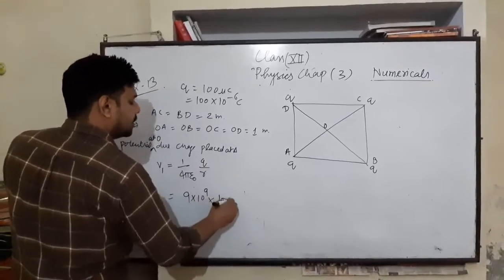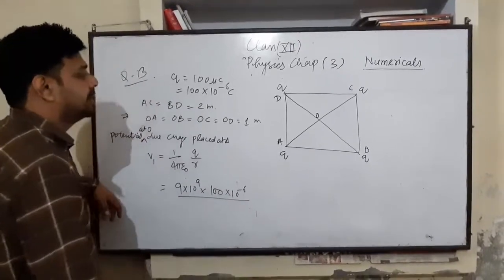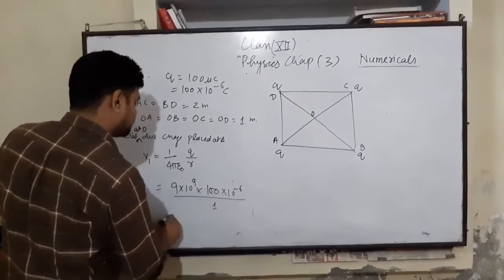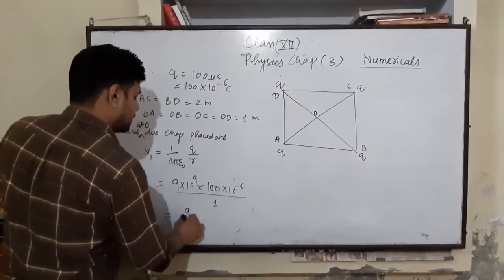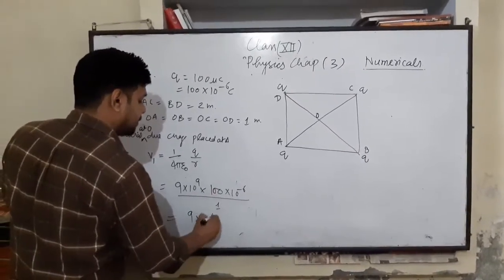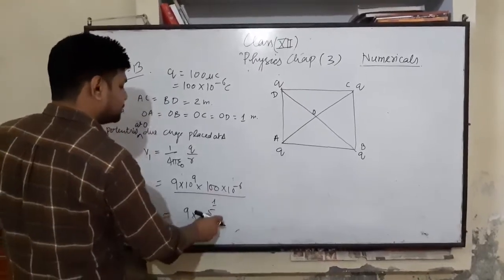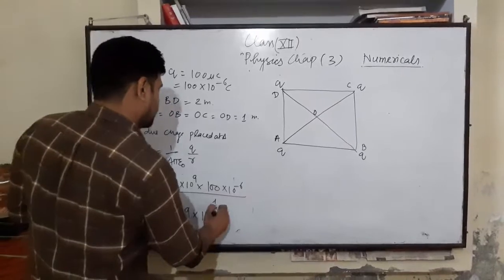Q is 100 into 10 to the power minus 6, upon R, which is 1. So it becomes 9 into 10 to the power 5 volt.